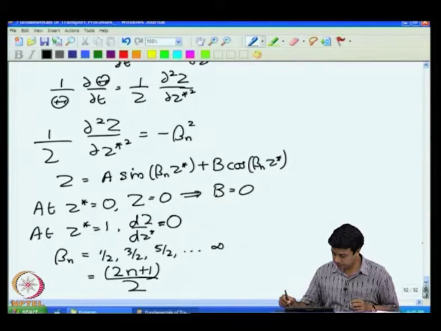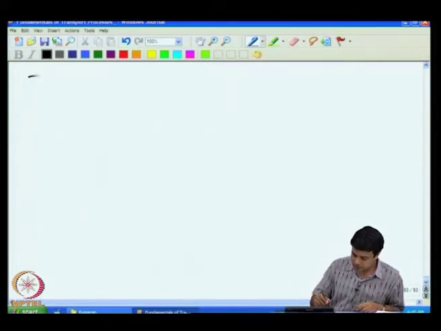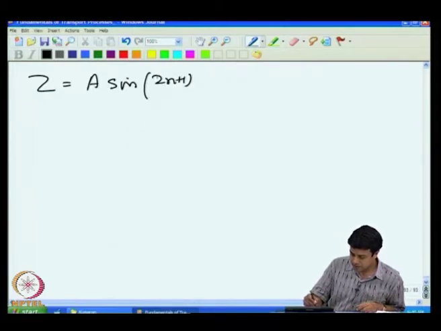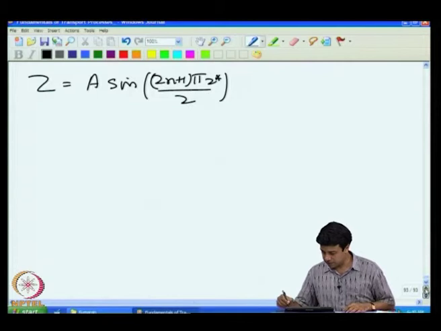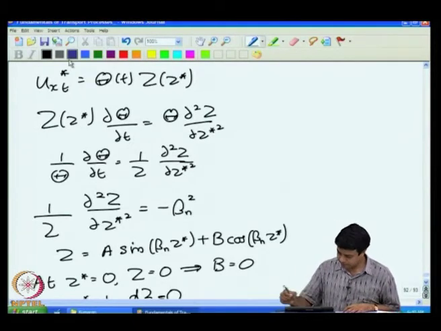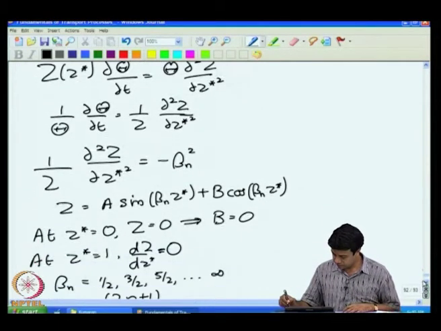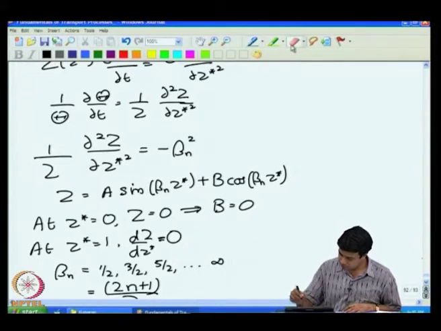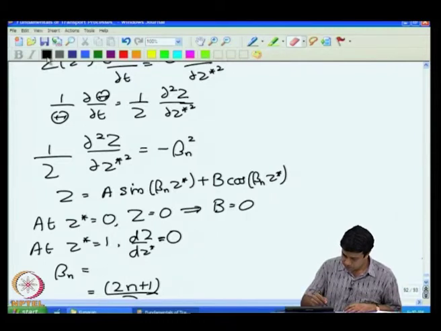Therefore, my solution for the function Z is a sine of (2n plus 1) pi z by 2. I made a mistake in the previous one; this should be pi by 2.